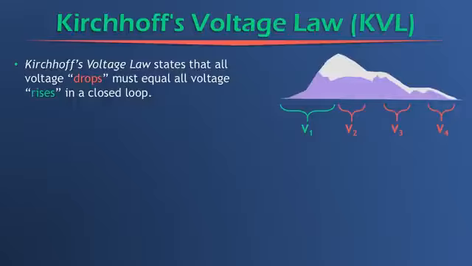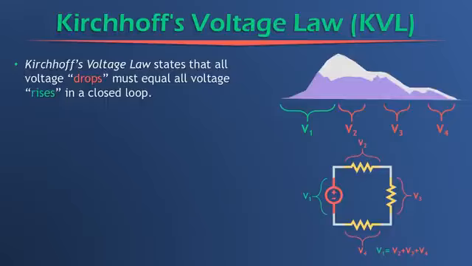Alright, so maybe that was kind of a weird example. Here's the circuit I was trying to model using the skiing analogy. We have the voltage source here, which is the voltage rise, and then we have 3 resistors in series, and those would have been the 3 little hills, and those are all voltage drops, because if we have a current going in this direction, then they're all going to be voltage drops, and then this will be a voltage rise through the voltage source.